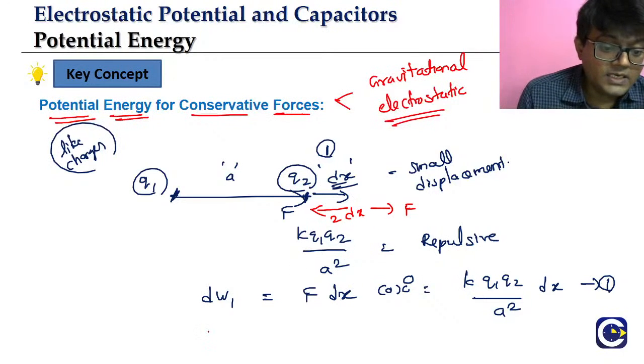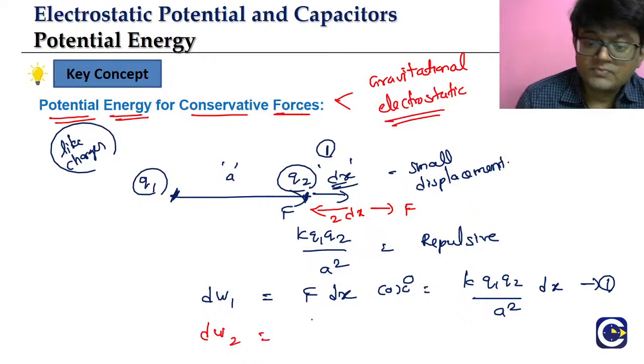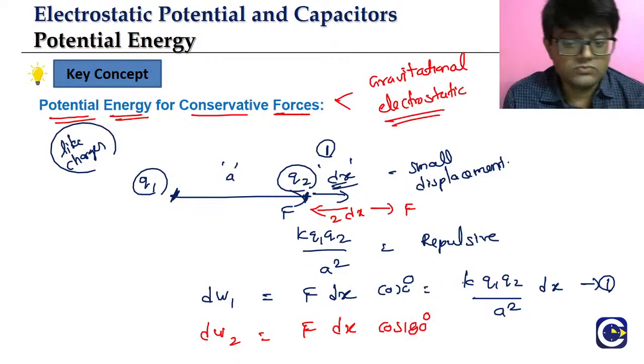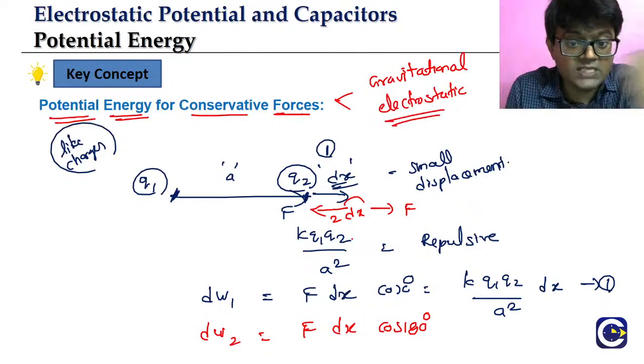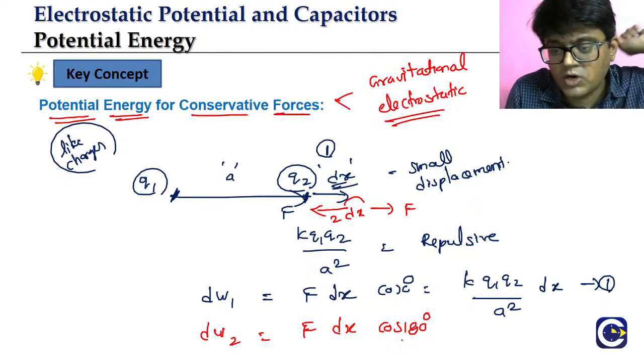So in that second part the work will be f into dx into cos 180. Why cos 180? The displacement is dx, but it is in the opposite direction to the force, so we will have cos 180.